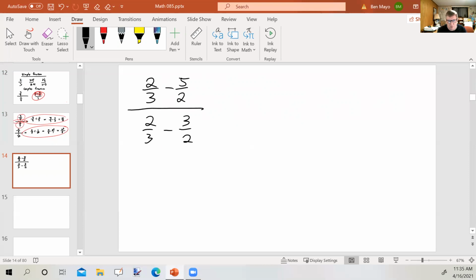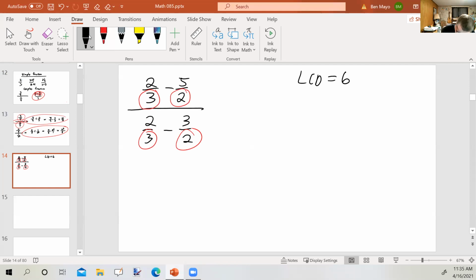But there's an easier way, a quicker way to accomplish the same thing. What we're going to do, we're going to look at all of the little denominators. So the 3, the 2, the 3, the 2. We're going to find the least common denominator, which would be 6.